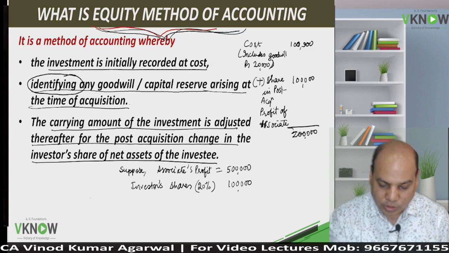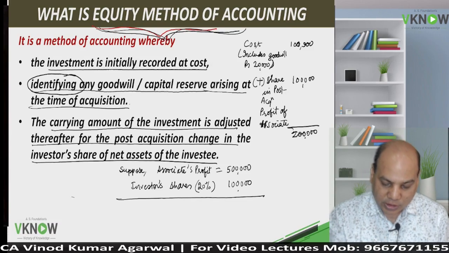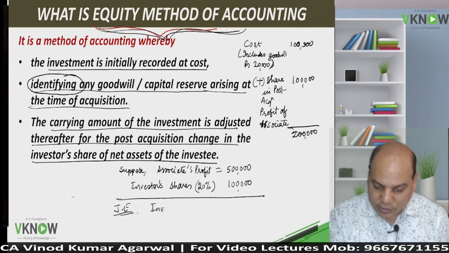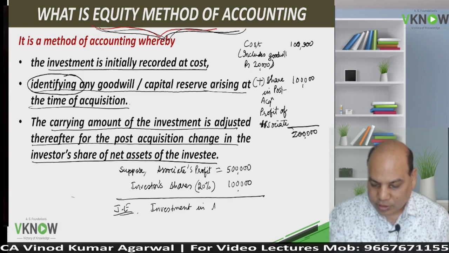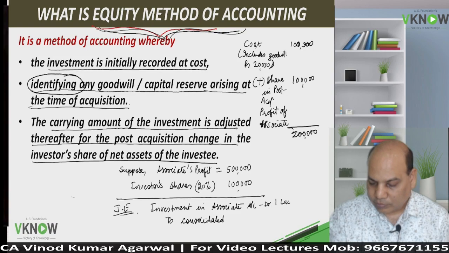So if you want to understand by way of a journal entry, the journal entry for the above transaction would be like this. If the associate makes profit, investment in associate account debit 1 lakh to consolidated P&L account 1 lakh.